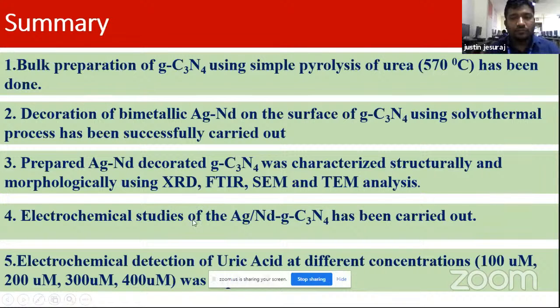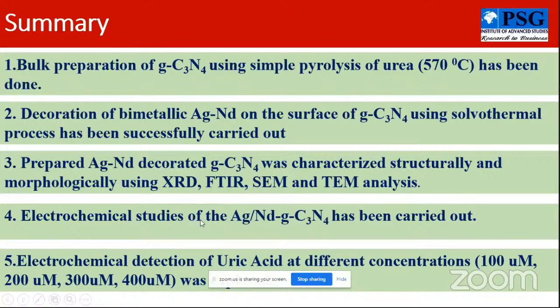After that, the electrochemical studies of AgNd g-C3N4 were carried out. And finally, the electrochemical detection of uric acid at different concentrations, 100, 200, 300 and 400 micromolar, was also done, and that shows a significant increase in current response.